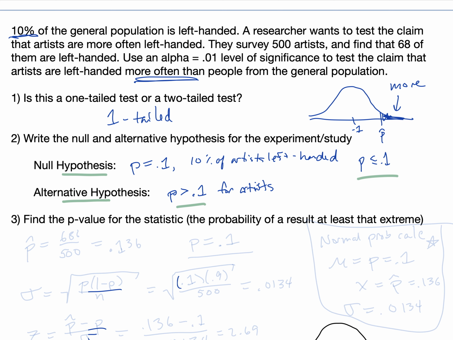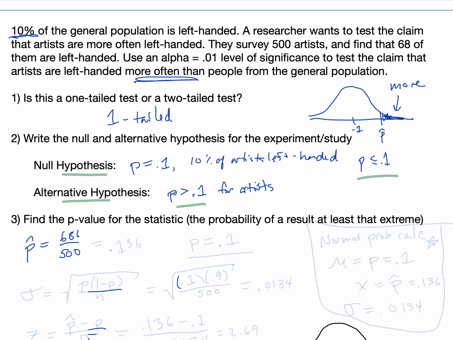All right, so now we want to find the p-value for this statistic. That's the probability of a result at least that extreme. So basically, we need to find, what is this result? Our result was the sample proportion p hat is 68 out of 500.